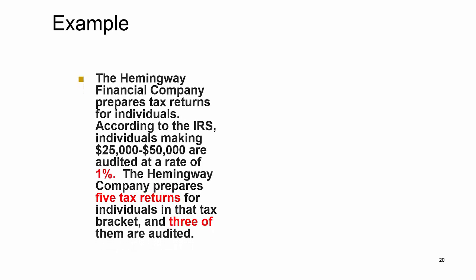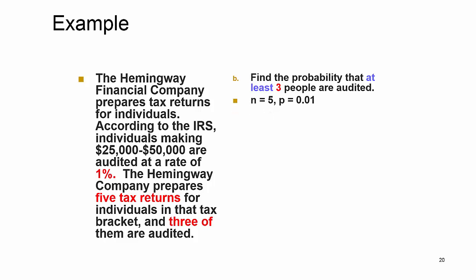Okay, so now let's go ahead and look at another kind of question here. So we found that the probability that if we randomly select 3 people, they get audited, that was almost a 0% chance. Now let's find the probability that at least 3 people are audited. So here, n is 5 and p is still 0.01. But when I put at least in it, that's indicating 3 or more.